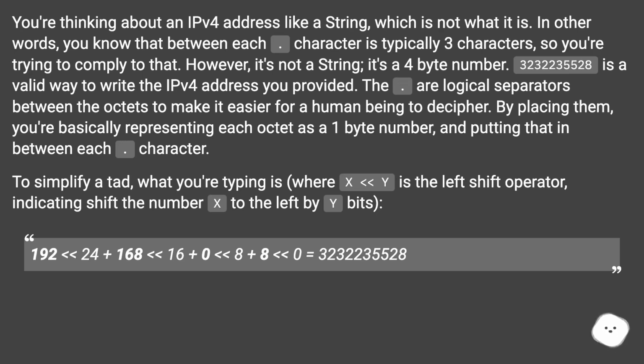By placing them, you're basically representing each octet as a 1-byte number, and putting that in between each dot character. To simplify a tad, what you're typing is (192 << 24) + (168 << 16) + (0 << 8) + 8 = 3232235528, where x << y is the left shift operator, indicating shift the number x to the left by y bits.